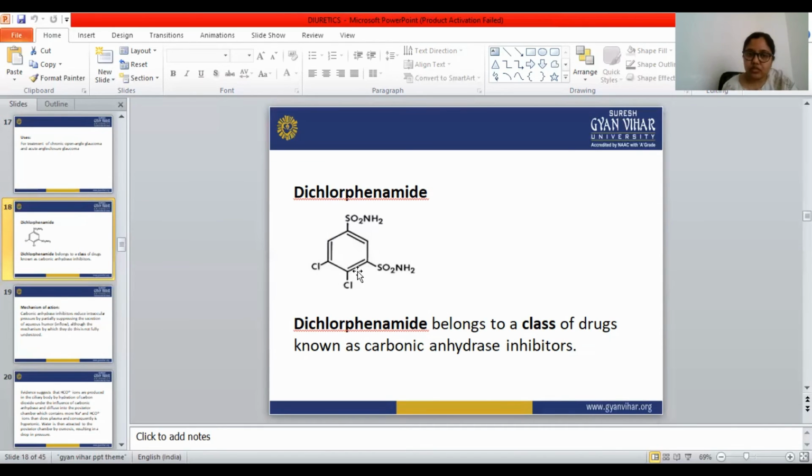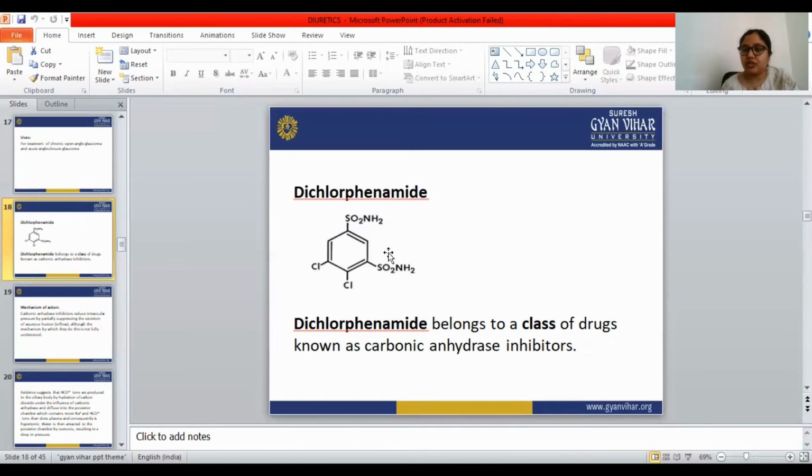In this structure there is one benzene ring, and sulfonamide groups are at the 1 and 3 positions. Counting 1, 2, 3 and 4, at the 4th position and the 5th position there are two chloride groups. So this is the structure of dichlorphenamide. At the first position, the sulfonamide group, we can't add any substituent, because this is necessary.